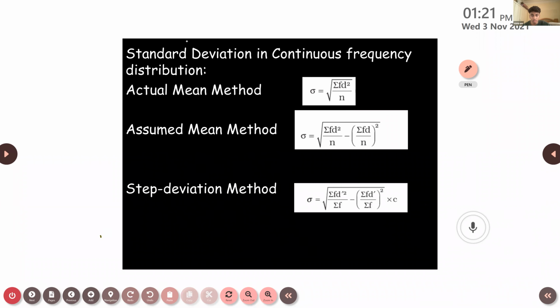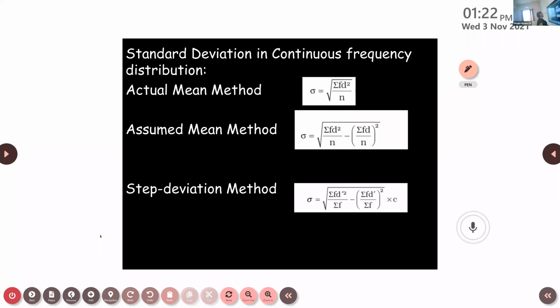Sigma equal to root of sigma fd square divided by n minus sigma fd by n the whole square. Okay. Rahul, step deviation method. Square root of sigma fd dash square by sigma f minus sigma fd dash by sigma f whole square into c.